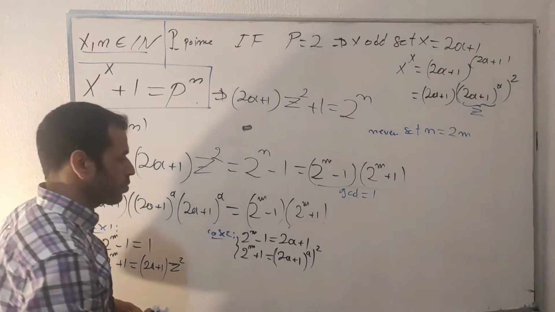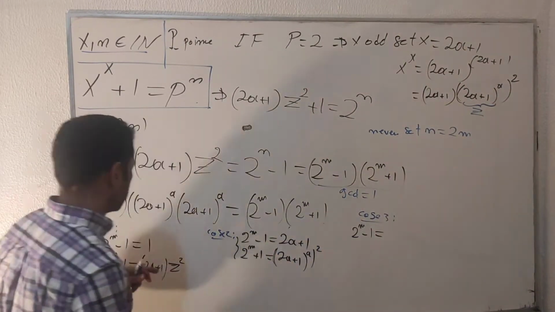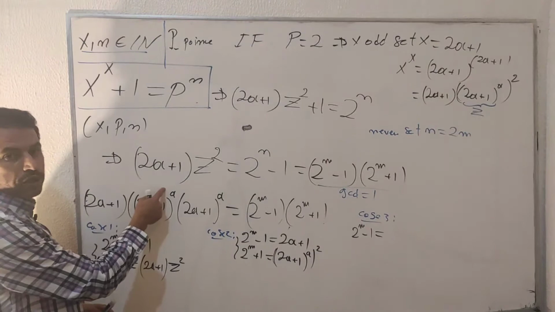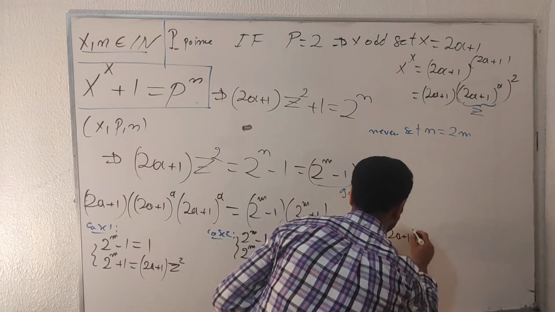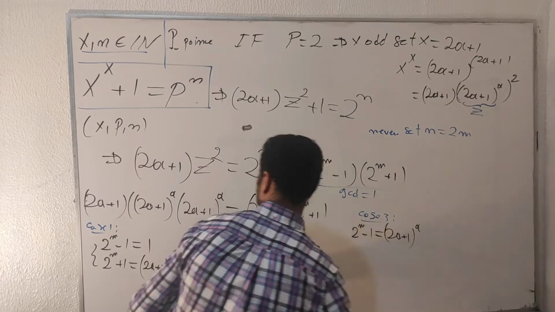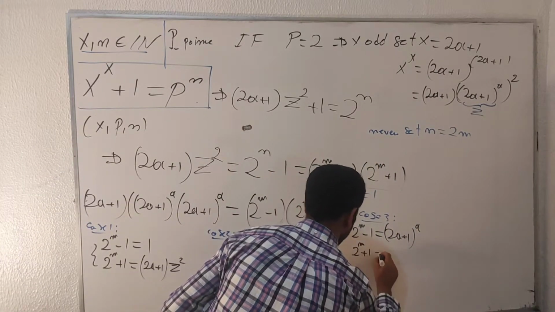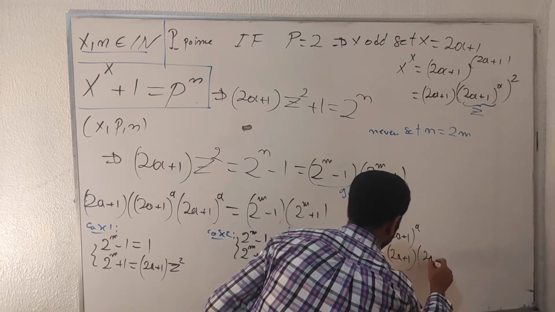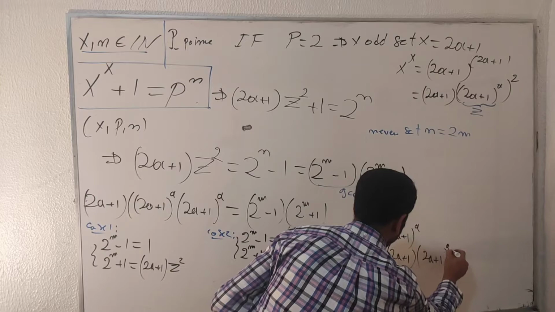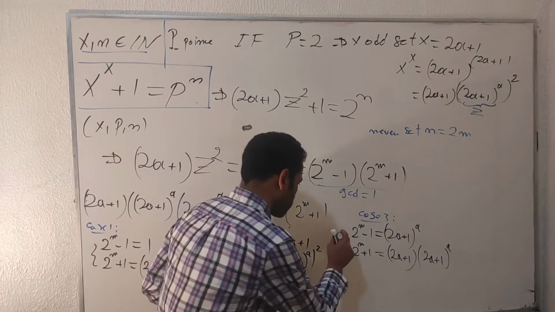Let's move on to case number 3. 2 to the m minus 1 could be (2a plus 1) to the a. The other one, 2 to the m plus 1, equals (2a plus 1) multiplied by (2a plus 1) to the a, like this. So we still have this one bigger than this one.